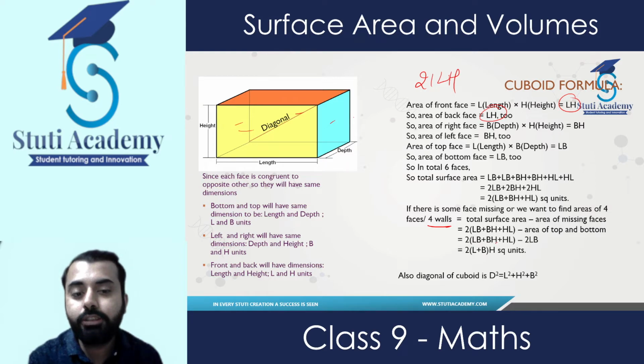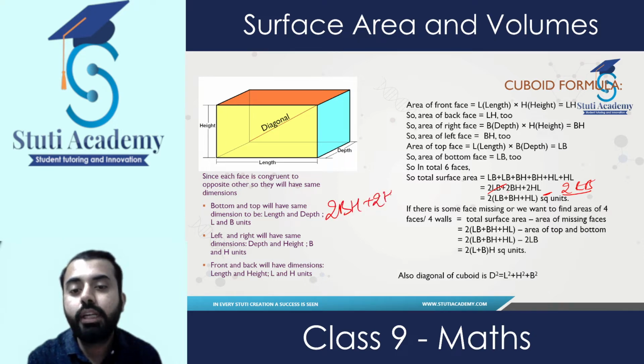So 2LH plus 2BH. Or simply you can take your total surface area and subtract the area of the faces that you do not need. Now I know in lateral surface area there is no surface area of top and bottom. Simply subtracting 2LB from this, I get 2BH plus 2HL.